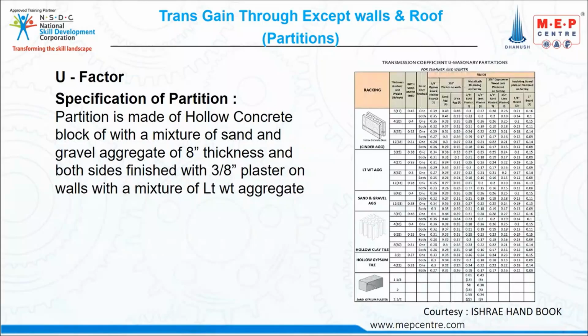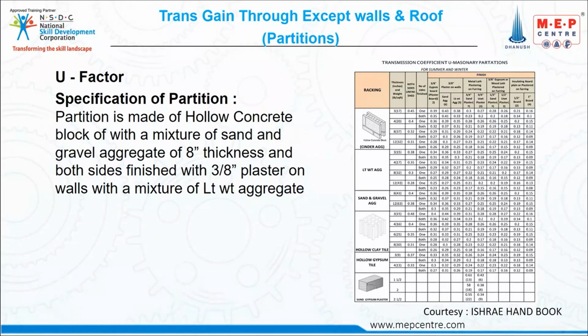Next, U factor. Partitions are made of hollow concrete block with a mixture of sand and gravel aggregate of 8-inch thickness, and both sides finished with 3 by 8-inch plaster walls with a mixture of lightweight aggregate.